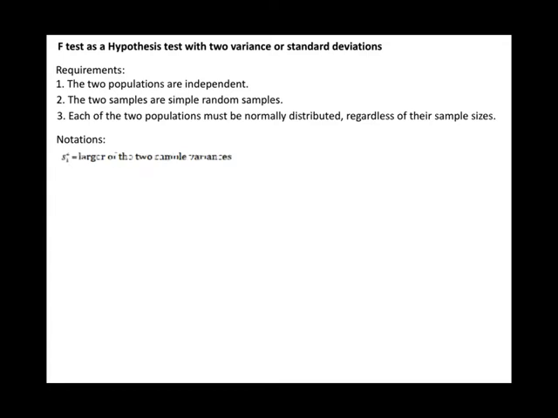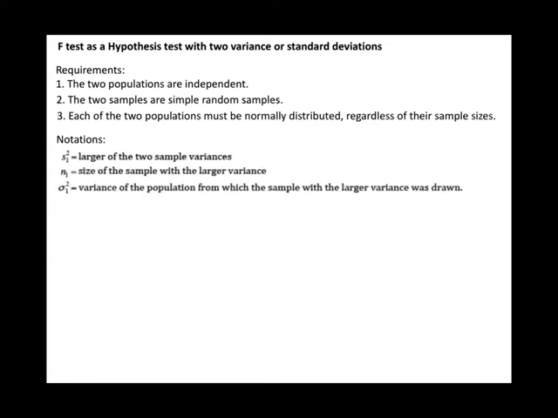Okay, notation. You can see all this notation. There's a 1 in here: S1, N1, sigma 1. This means all this notation is for population 1. And the first one, S squared, is your sample variance. For the F distribution, you have to choose the larger of the two sample variances as your population 1.